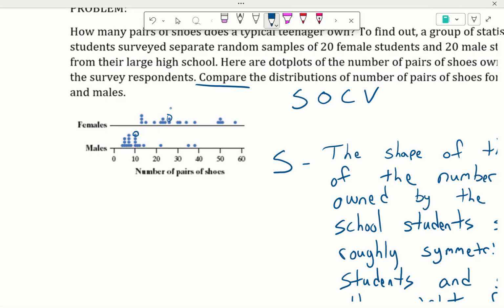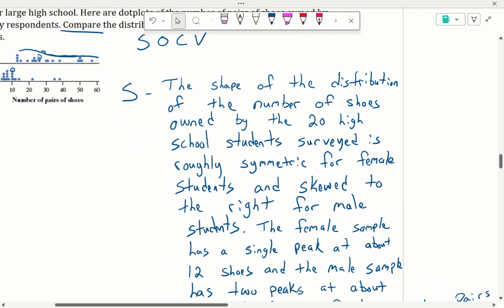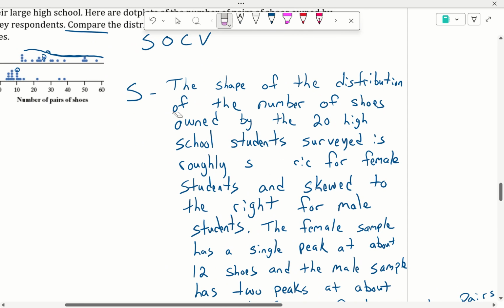No one's going to give you a hard time because of that long tail going out there. Maybe skewed to the right is better. I'm going to change that to skewed to the right. I like skewed to the right better than roughly symmetric, so I'm going to say roughly skewed to the right. It's close though, right? Roughly skewed to the right.